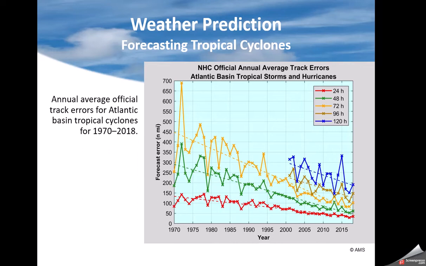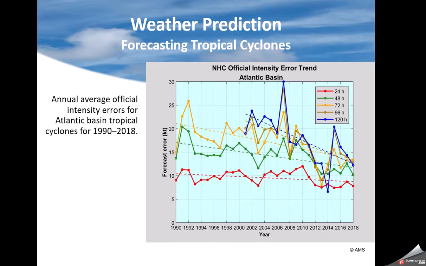And we keep improving that. Yeah, some days are not as good as others, and some storms are not. But this is an average of all the tropical cyclones that occur. We are quite good. However, intensity, we stink. We're getting better, and we're getting tools that estimate when intensities might increase, but it's still something we're not good at.